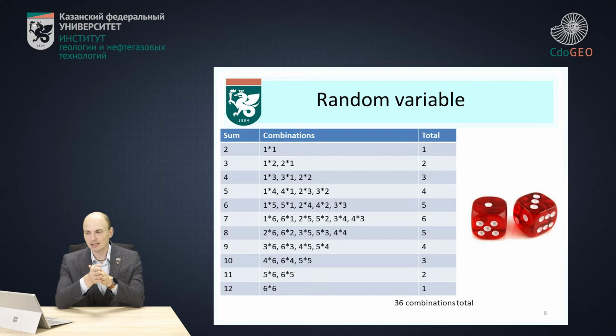The total amount of combinations is 36. That means we can count the probability of getting a certain value. That simply means that even a random variable is not completely random, but it follows a certain probabilistic rule.